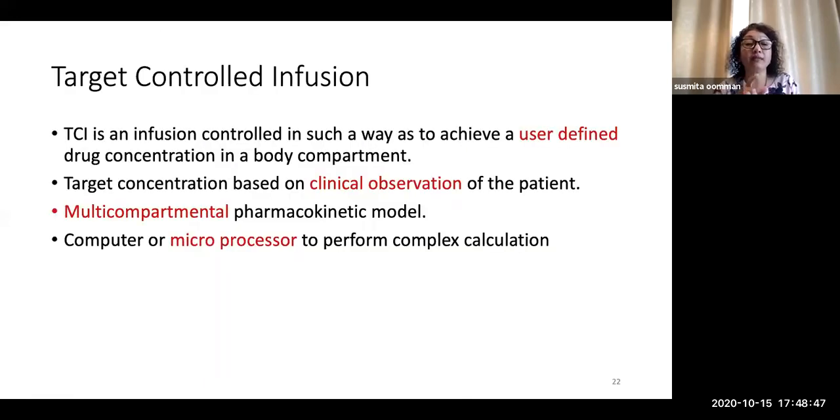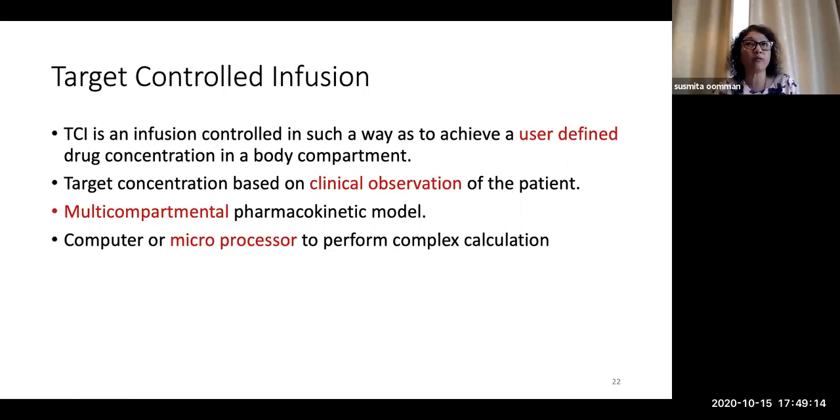Now, TCI, the target controlled infusion. Now, this is a step forward from the TIVA. In this TCI, we see that it is user controlled. That is, the anesthetist controls the amount of drug concentration in a body compartment at all times.